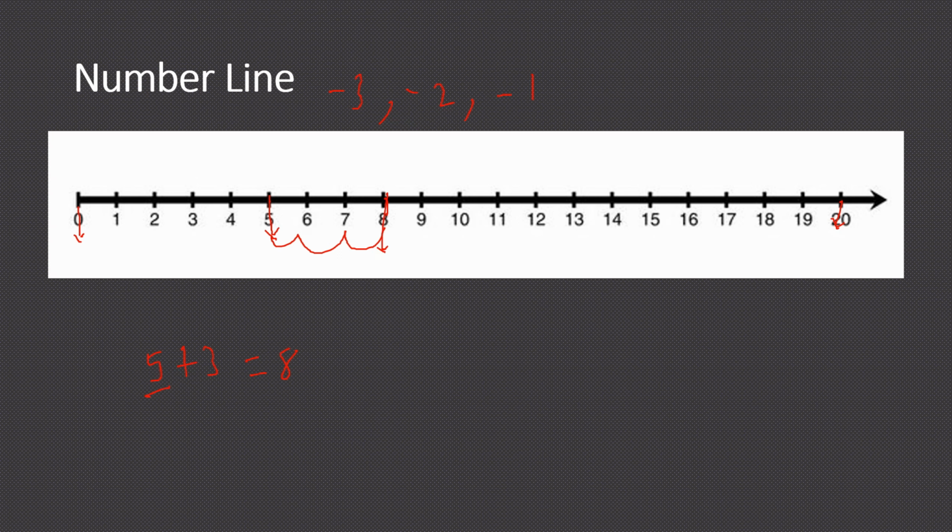This can also be seen with something like 15 minus 5. Now also to note, plus means going to the right or up, while negative means down or left.